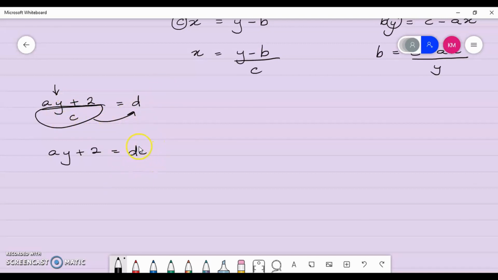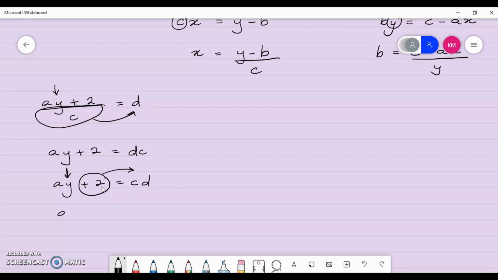Now usually we write variables in alphabetical order, so dc is the same as cd. So it's going to be ay plus 2 is equal to cd. Remember, it is y we are trying to make the subject, so I'm starting to read from where y is. It's going to be ay plus 2. So the next thing I'm going to get rid of is that last thing I said, which is plus 2.